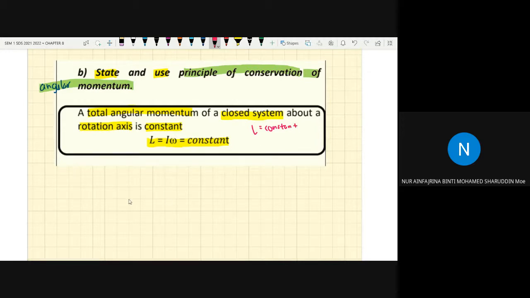Itu sahaja. So maksud dia summation of angular momentum initial sama juga dengan summation of angular momentum final. So ini yang dimaksudkan dengan constant. Okay, boleh? That's all untuk principle of conservation of angular momentum.